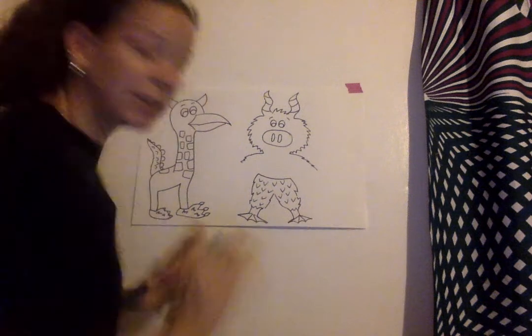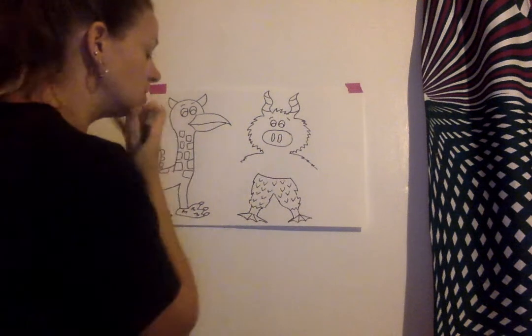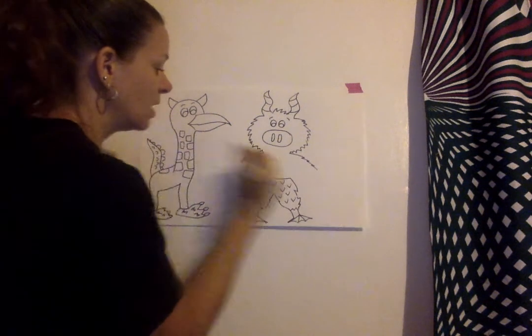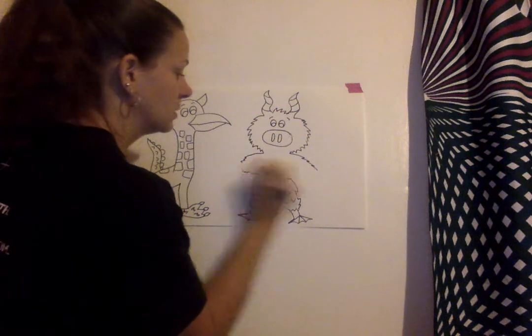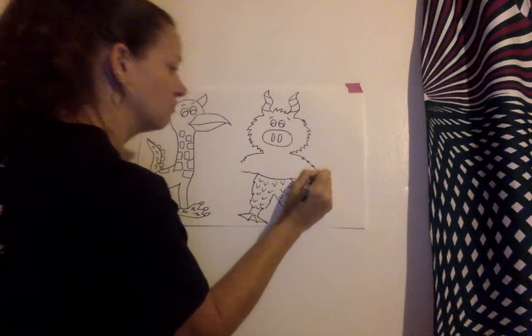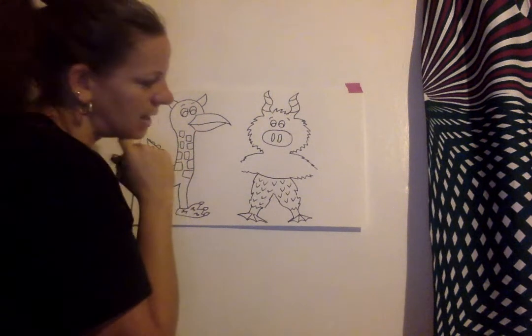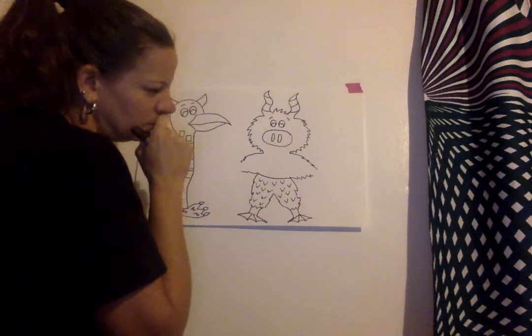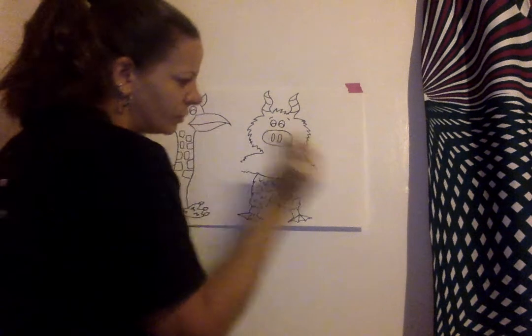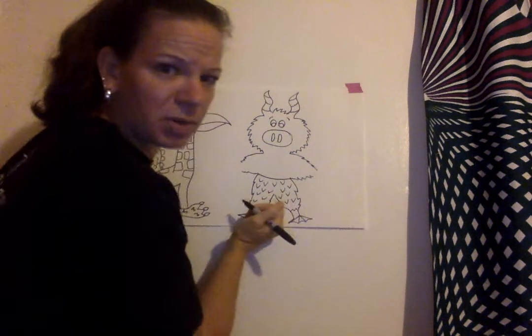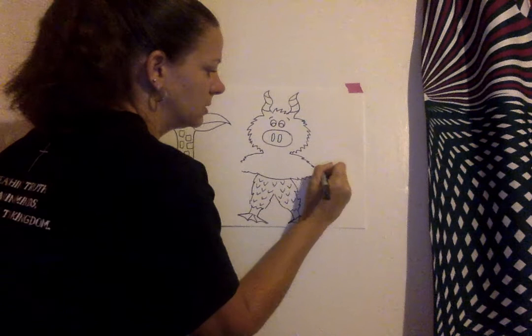Okay, just practice. So try all different things. Maybe for his hands, maybe I'll give him bird feathers for his hands.